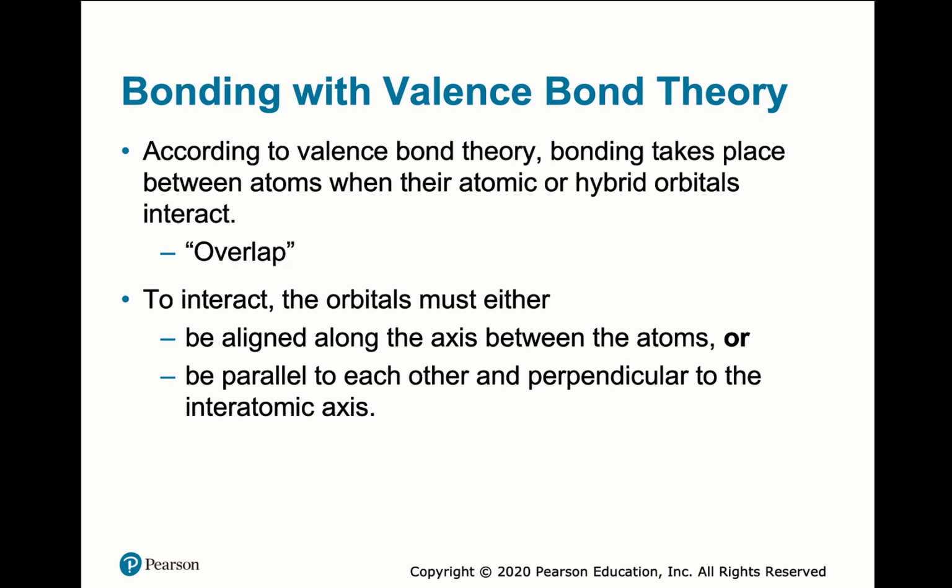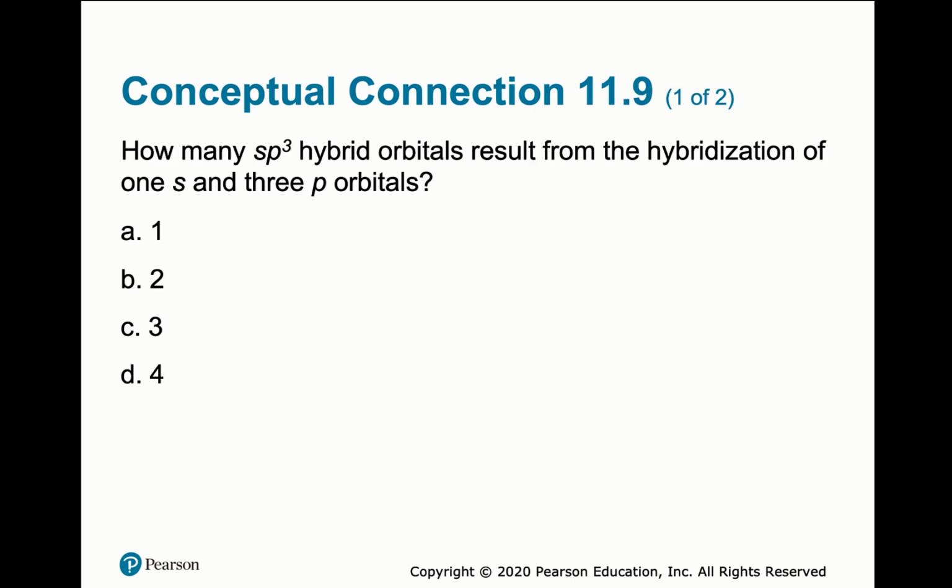And the interaction, the overlap, has to be either along the internuclear axis or perpendicular. Along the internuclear axis we'll call these sigma bonds, and the parallel ones, perpendicular to the internuclear axis, are the pi bonds. I'm using nuclear axis; I was taught using nuclear, I suppose.